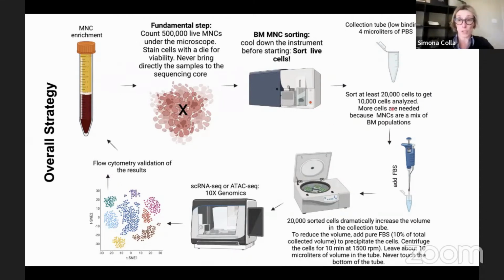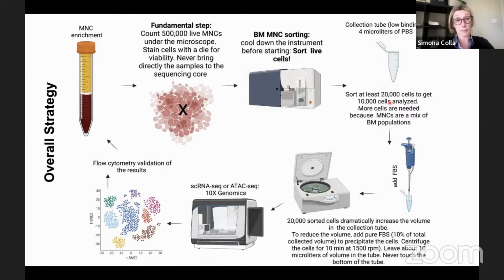So at least 20,000 cells. But if you sort 20,000 cells, the volume of the collection tube will increase dramatically. We are talking about 30, 40 microliters of PBS or media. And this is not good, because you cannot bring this volume to the sequencing.